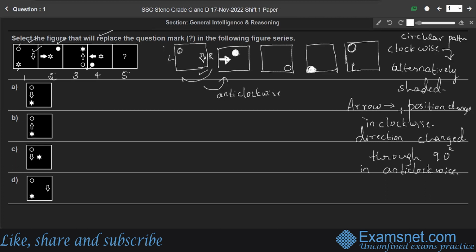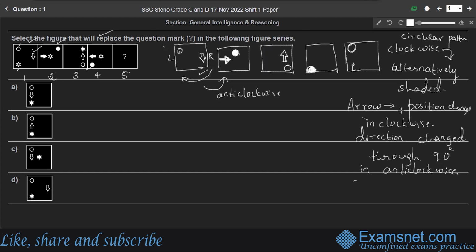In the third figure, the arrow mark comes to its first position, so it has to come to the right part, facing upwards, which is non-shaded.